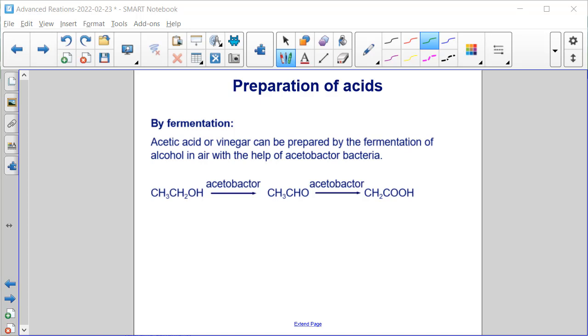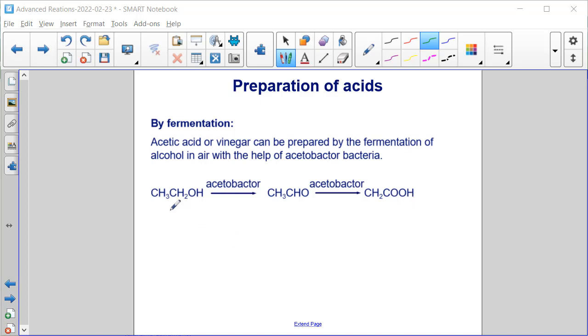So I've started here with the fermentation of ethyl alcohol, ethanol. There's a two-step process here. Step one is the formation of this alkanal. And then from there, in the presence of that same acetobacter bacteria, we get our alkanoic acid.